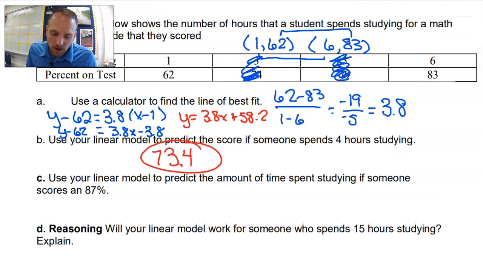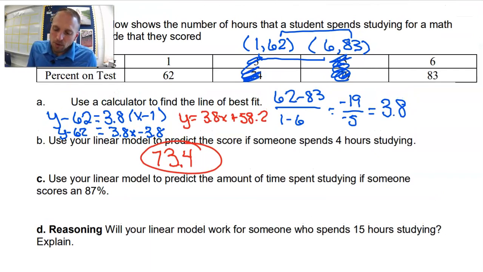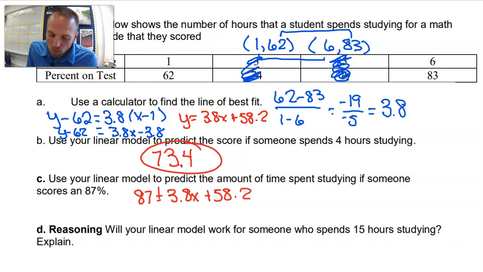Okay, let's do letter C. Use the linear model to predict the amount of time spent studying if someone scores an 87%. So 87% is our score, that's our y. So we just need to put 87 in for y in that equation, 3.8x plus 58.2. Well, we know how to solve this. All we have to do is cross the line, change the sign.